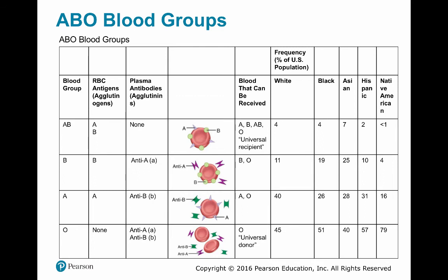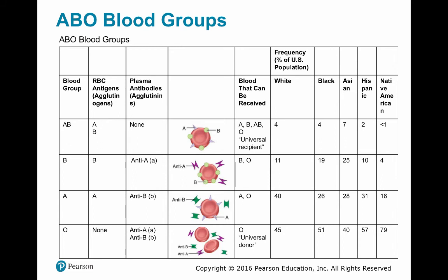O means that there's nothing on them. This gives you the frequency. For an AB blood type, about 4% of the Caucasian or white population has this, 4% Black, 7% Asian, 2% Hispanic, and less than 1% Native American.